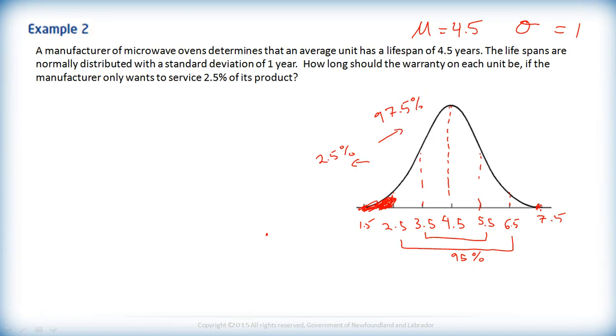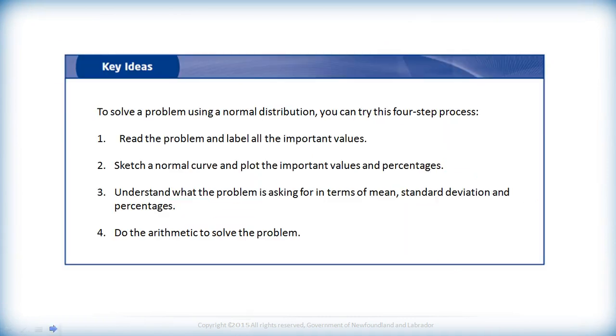Let's remember that within 2 standard deviations we have 95%, which means we'd have 2.5% on each side for a total of 5%. So as long as we give our warranty only up as far as 2 standard deviations below the mean, we should be safe. So I'm going to say we're going to warranty for 2.5 years. And let's hope that works. All right, that looks good to me.